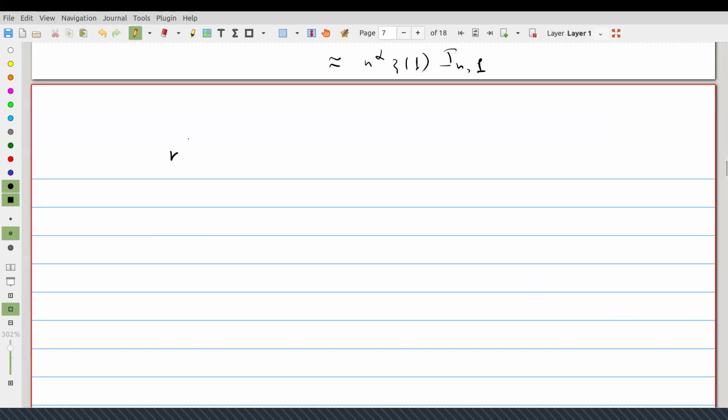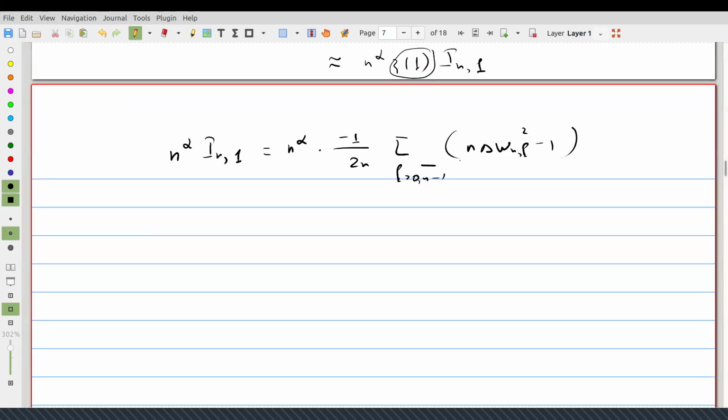So let's look at it more closely. Now, this is a random variable. It doesn't matter in terms of asymptotics. It's just something fixed for every omega. So we need to discuss this part. And this is 2 minus n, sum from k to n minus 1, and nk squared minus 1.